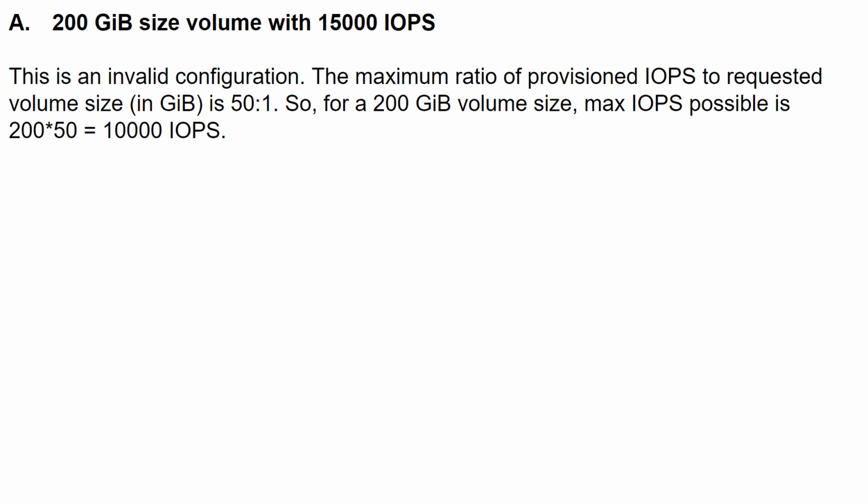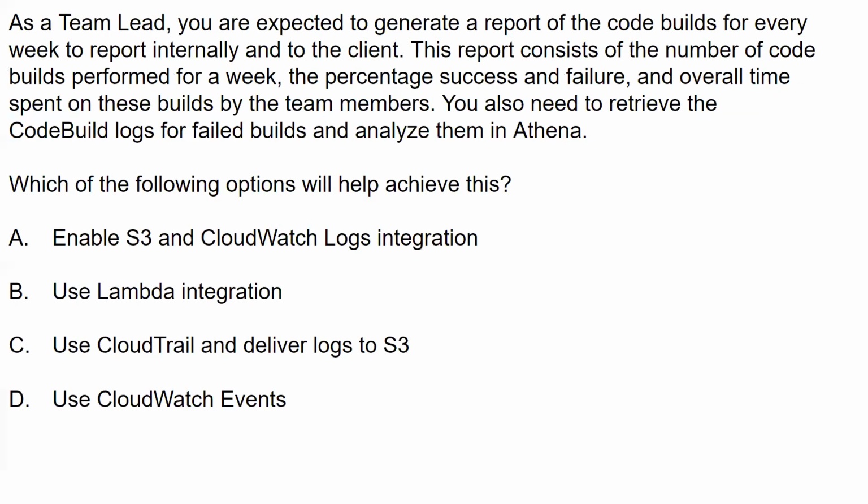It's 50:1. Okay. As a team lead, you are expected to generate a report of the code builds every week to report internally and to the client. This report consists of the number of code builds performed for a week, the percentage success and failure, and overall time spent on these builds by the team members.